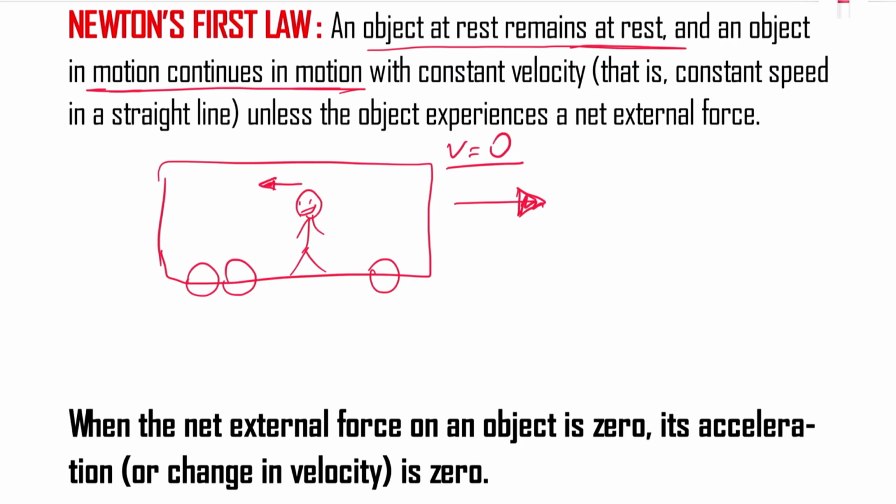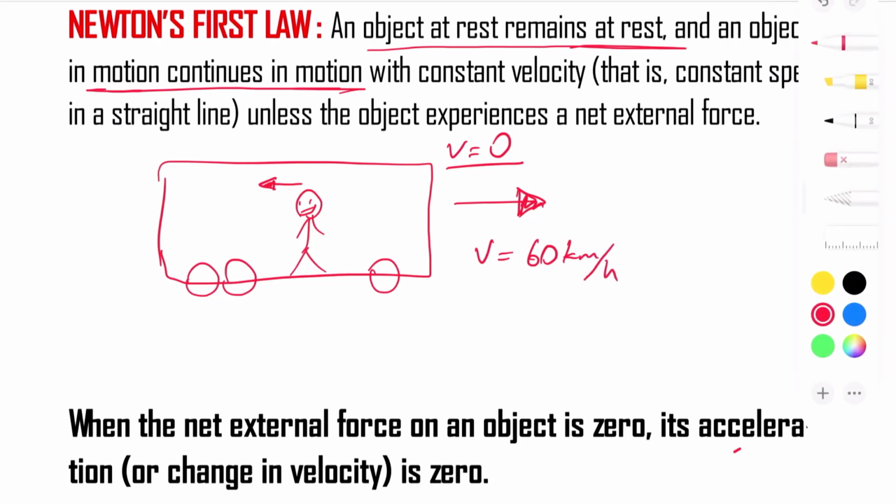Like when you are waiting at a traffic light, when the light turns green and the driver applies the gas, your body moves backward. And after a while, let's say the velocity of the car reaches 60 km per hour. In this case, what will happen?